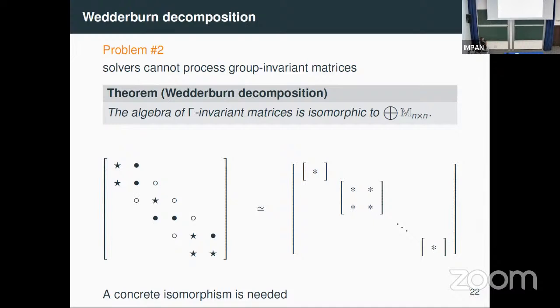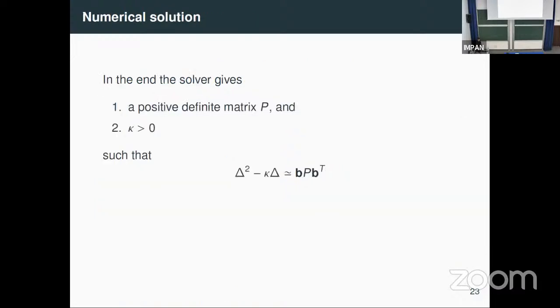We need this isomorphism to be explicit, because in the computation we need to go back and forth between the invariant form and the block matrices. This can again be done.